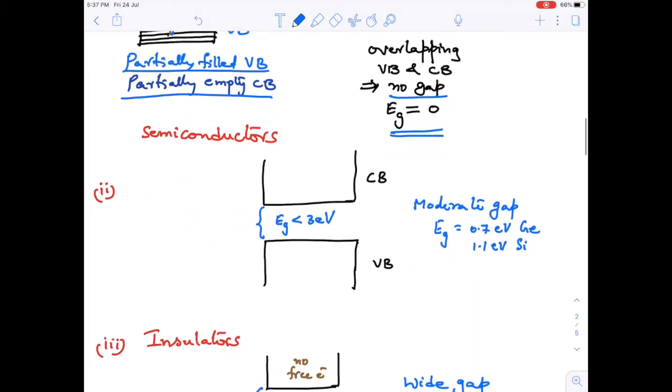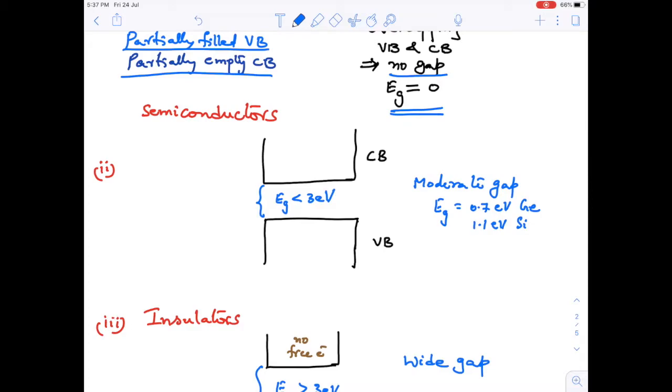Then in semiconductors, as I have already discussed, there will be a moderate gap. What is the range? This gap is in the range of less than 3 electron volts. Now this is the valence band and this is the conduction band. For germanium and silicon, which are examples that we have discussed, the values of the energy gap are 0.7 electron volts and 1.1 electron volts.